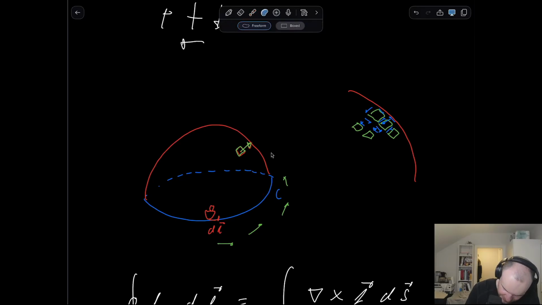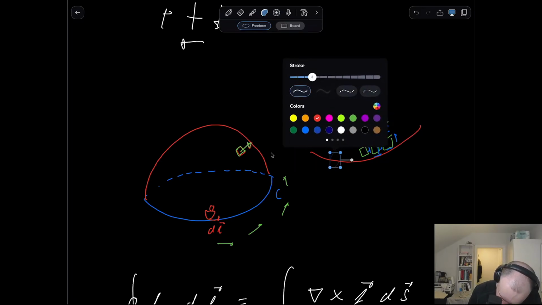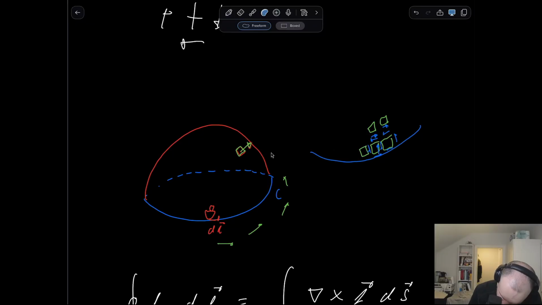So instead, what you could imagine with my 2D picture, let's imagine that this guy here, let's do it in blue. So this is now my curve instead. That's a better image. So this is the same as my curve. And here you have all the places where I look at curl, and only the ones alongside C are the ones that will survive. Same thing again.